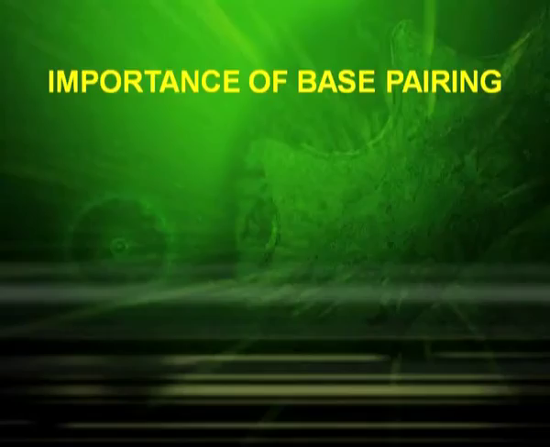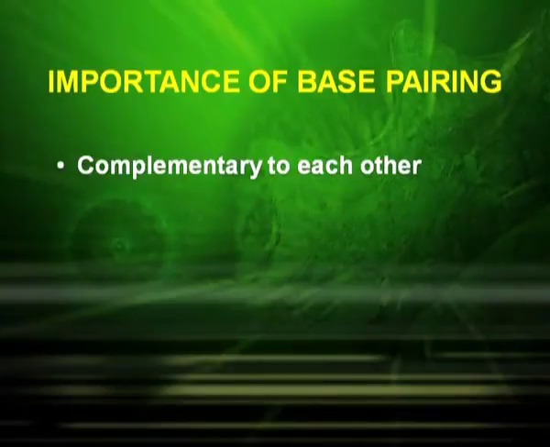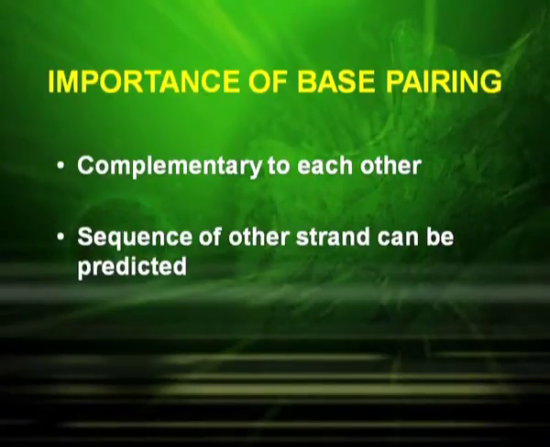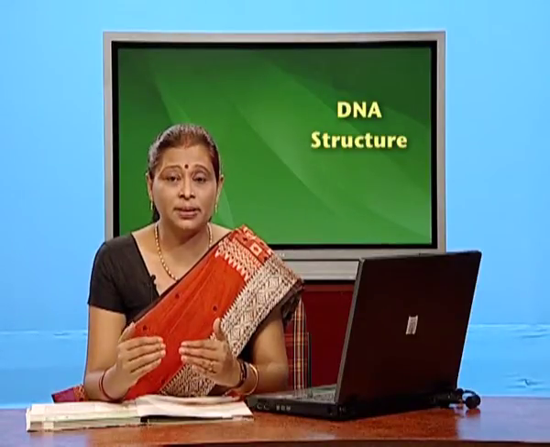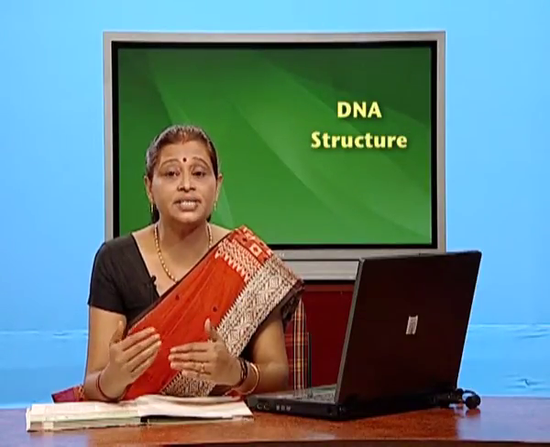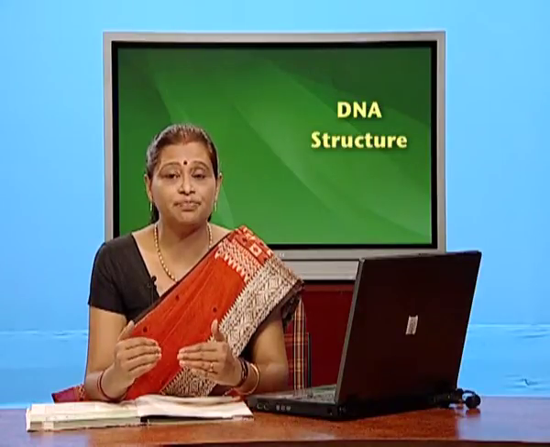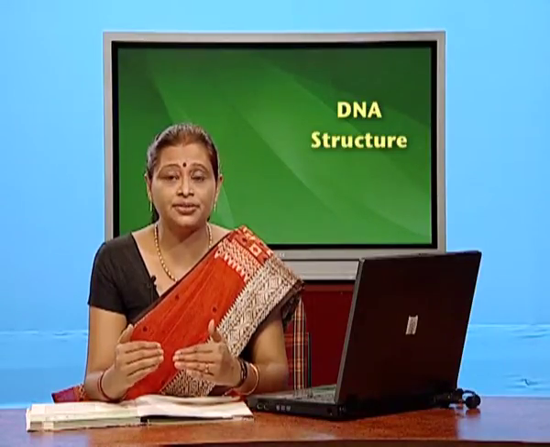Another important feature: let us study the importance of base pairing. Number one, it provides complementarity to each other. And second, it helps the sequence of the other strand to be predicted. That means you can predict the base pairs of the other strand if you know the nitrogenous bases in the previous strand.